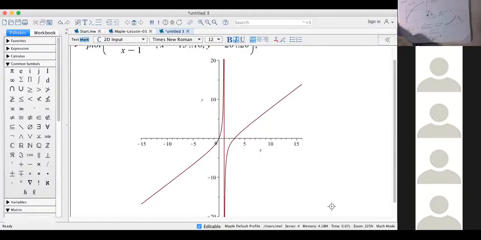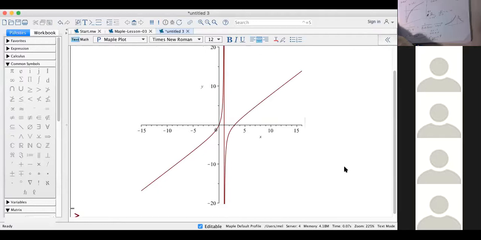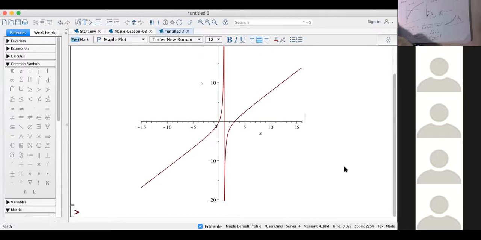Let me try and show this on Maple. So we just had the function for number 9, 1 over, just one second.